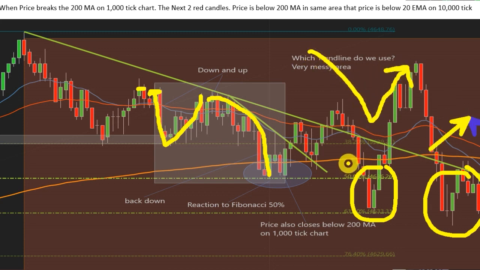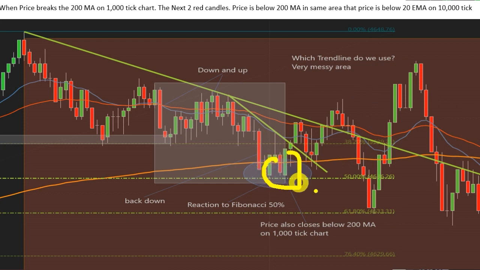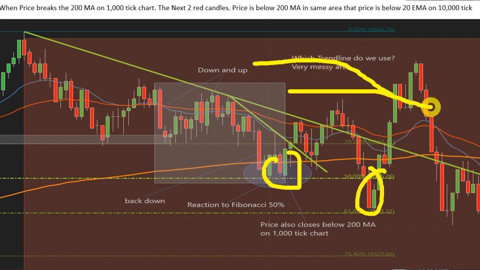When price dips this low here and here, we're watching on the higher time chart to see if the 20 EMA starts to come down below the 50 EMA. If the 20 crosses below the 50 on the 10,000 tick chart, then we are no longer in a bullish trend. We are looking to wait for price to come back up.